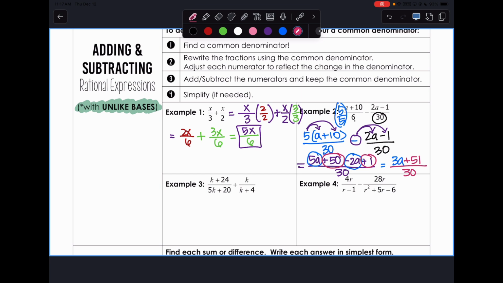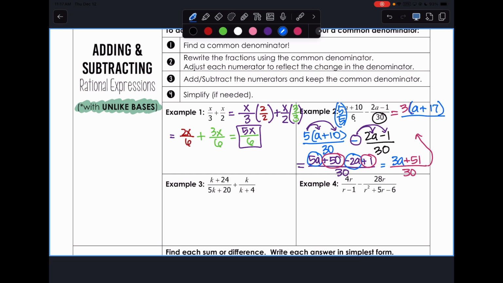Not at this point. What's the GCF for the numerator? 3, then what am I left with for the 51? No way. 3 times 17 is 51? Yep. A plus 17. If you're in doubt, go ahead and multiply 17 times 3 to confirm.